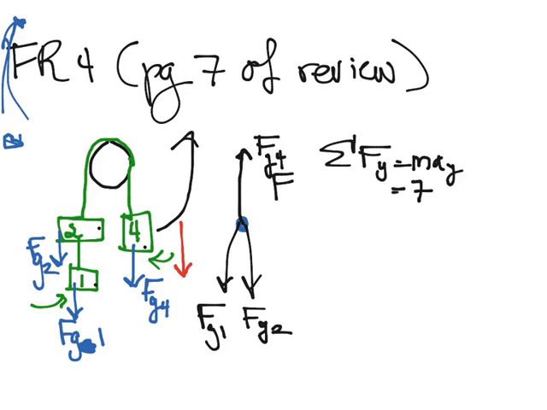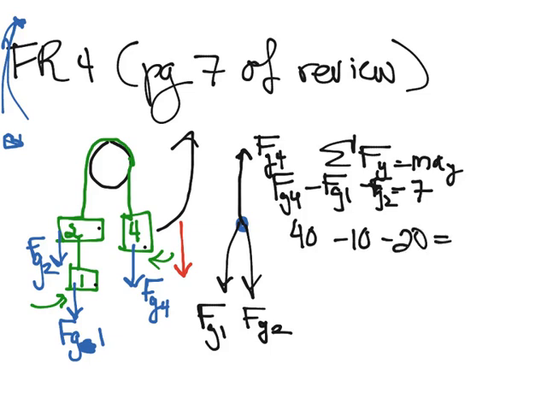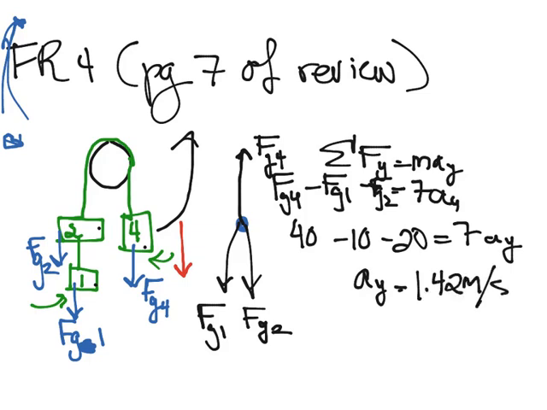So we have Fg4 minus Fg1 minus Fg2, and so that's 40 minus 10 minus 20 is equal to 7 Ay. We can solve for Ay, and we end up with 1.42 meters per second squared.